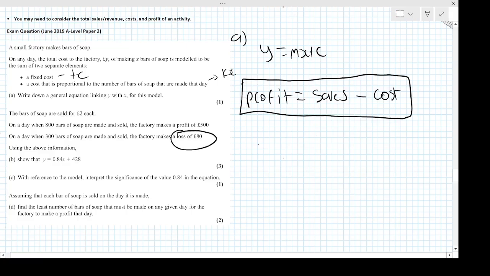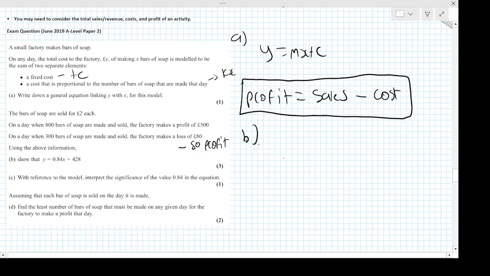If it makes a loss of 80, that's a negative 80 profit. You can also rearrange it if you need sales or cost instead. That is the key formula, and I thought I'd dedicate a segment to it here. Okay, so let's commence with part B.